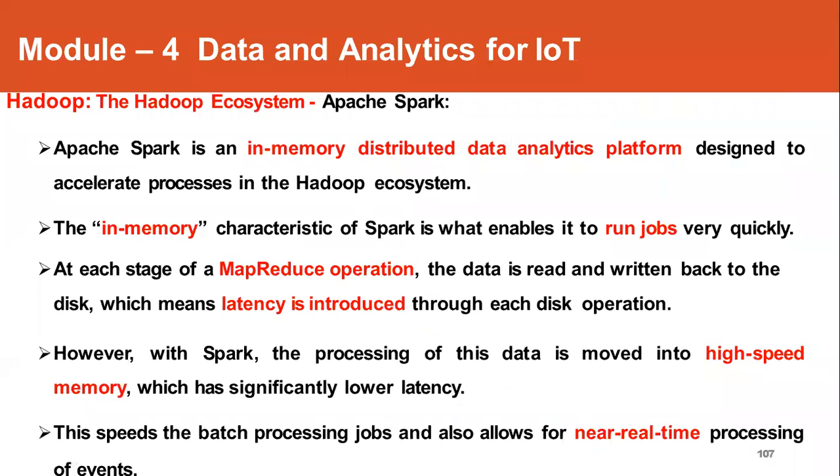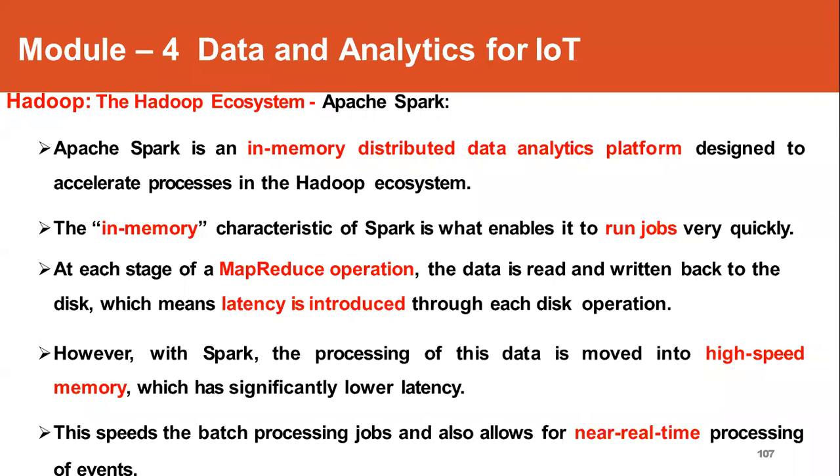Another component in the Hadoop ecosystem is Apache Spark. Apache Spark is an in-memory distributed data analytics platform designed to accelerate processes in the ecosystem. In-memory means the data is obtained and stored in primary memory so that processing becomes much faster.